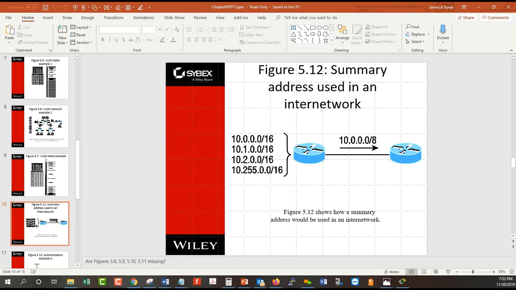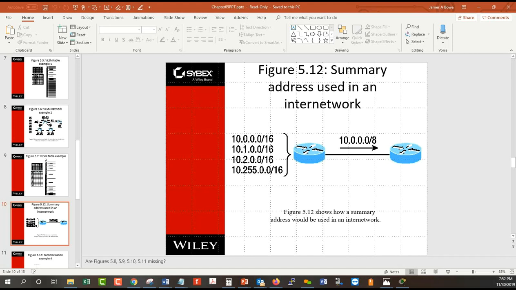Okay, so in summary, summarizing an address, here you've got 4 network IDs. The first is 10.0.0.0, the second is 10.1.0.0, then 10.2.0.0, and 10.255.0.0. These are all network IDs.